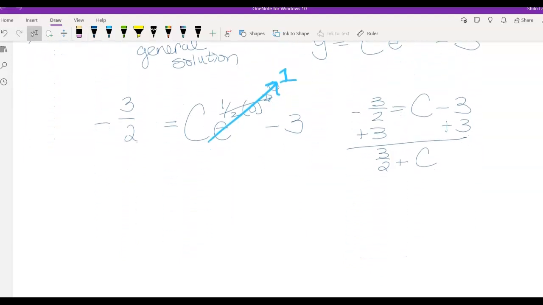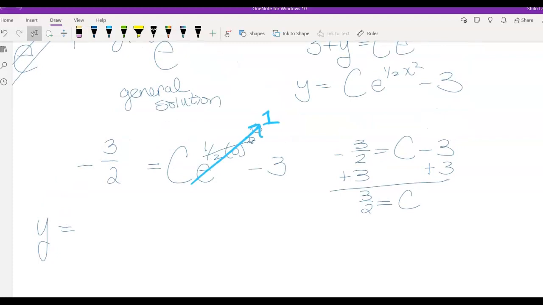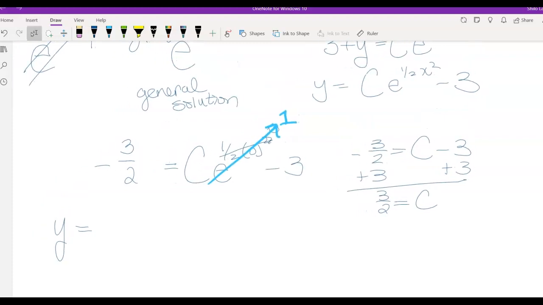Be careful, that is not your answer. We're looking for a particular solution. So now what we want to do is rewrite our general solution, but replace the c value. So y is equal to 3/2 e to the 1/2 x squared and -3.